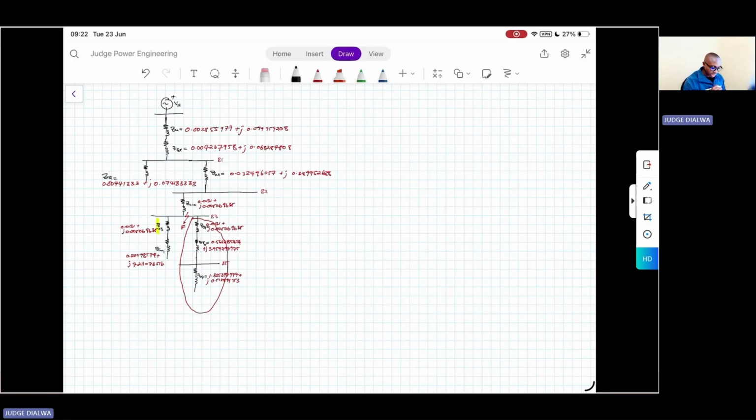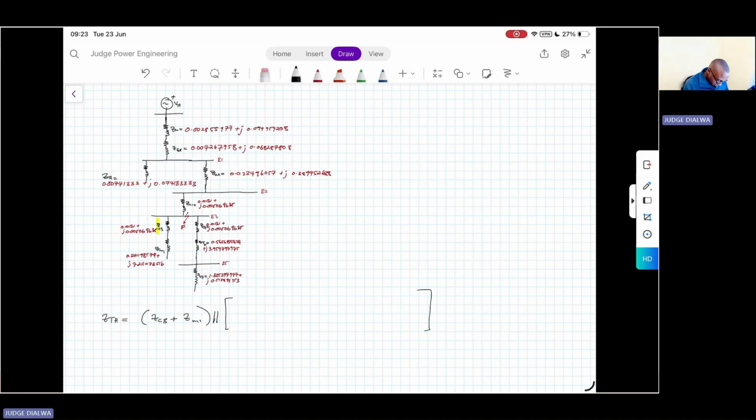So then what is our total impedance between the voltage source and the faulted point? That will be the series combination of cable 3 and our feed pump motor 1. All this will be in parallel with the rest of the network.